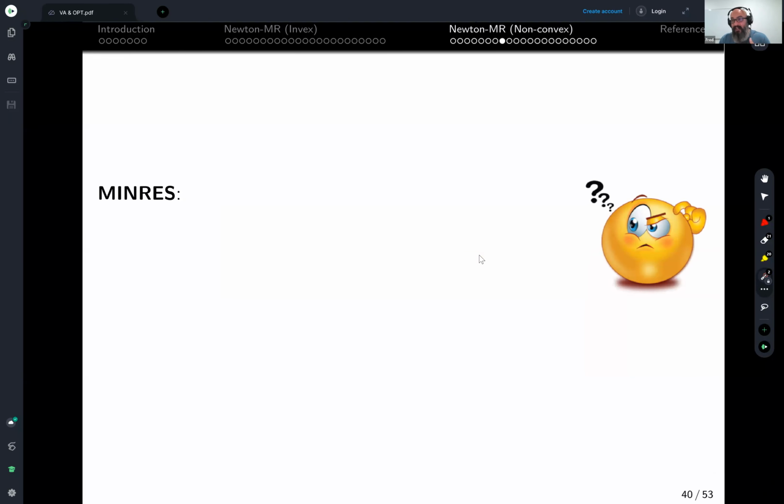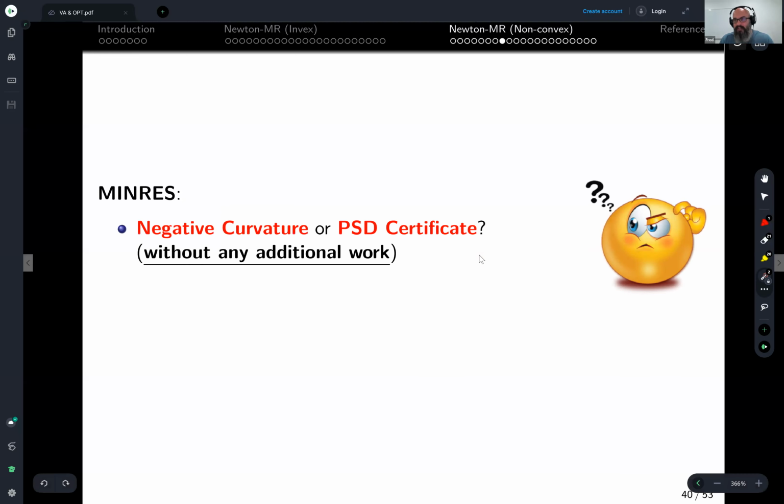So this was a question that we recently tried to look at. Let's open up MINRES, throw its guts out, knock off the wheels, and figure out whether there is a quantity within MINRES from which we can extract negative curvature when it arises. The questions we set out to answer were, first of all: does MINRES come with an inherent ability to detect negative curvature, essentially to detect a direction that lies in the negative spectrum of H, without adding any additional work?